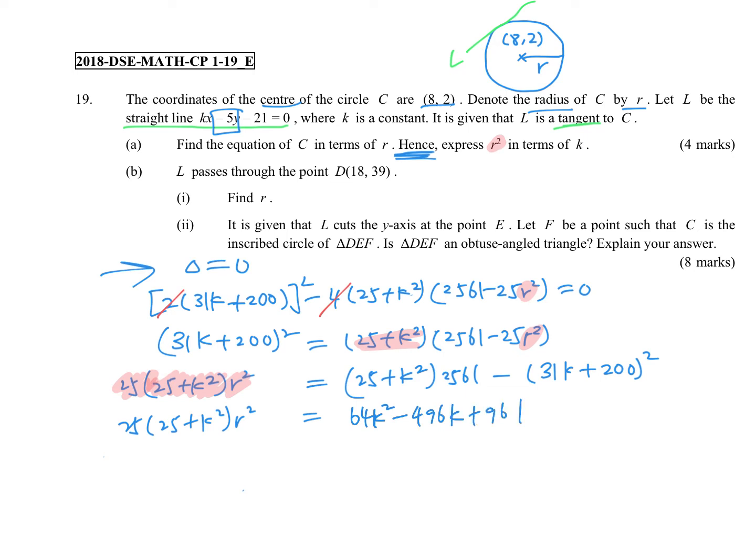And that would be equal to, try to use the formula to factorize a little bit. So that would be 8k minus 31 all square, and then r square would be this over 25 plus k squared.